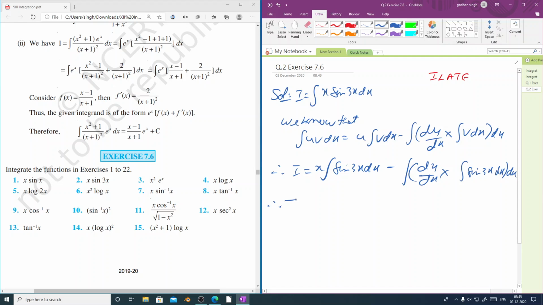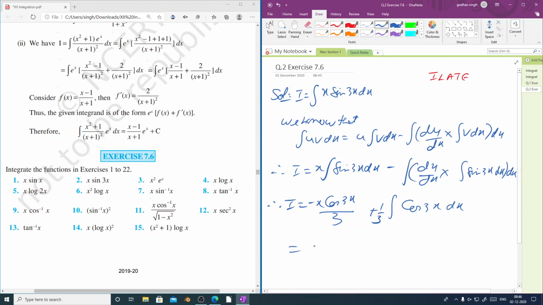So therefore we can have I equals x into integration of sine is minus cos 3x, so this will be minus cos 3x, and of course the coefficient of x is not 1, so we will divide by the differentiation of 3x, that is 3. Minus, so again here also we will be getting minus cos 3x by 3, so minus becomes plus 1 by 3, and this will become cos 3x dx.